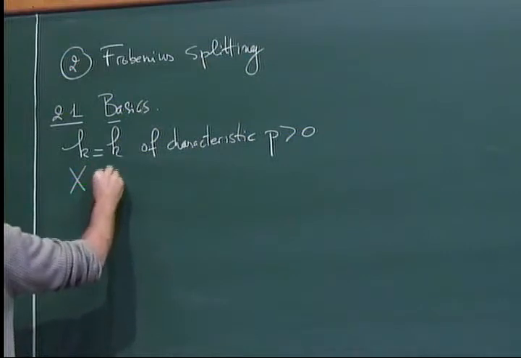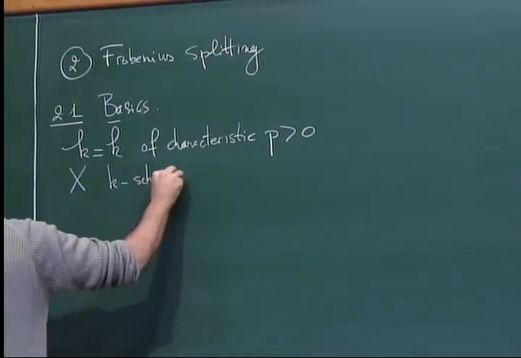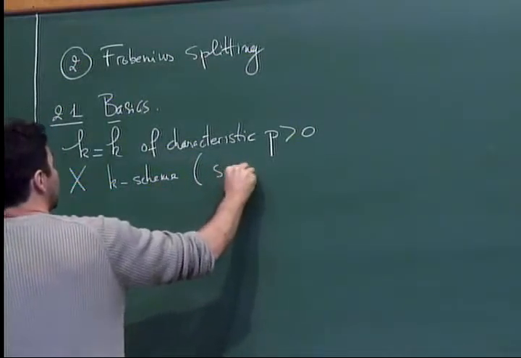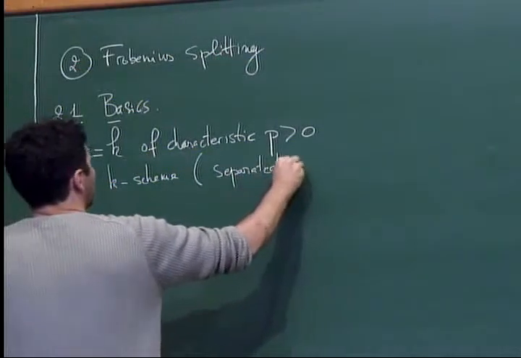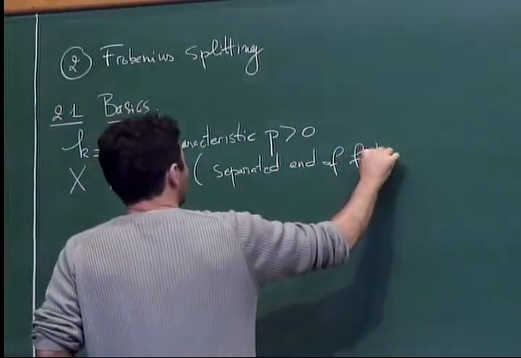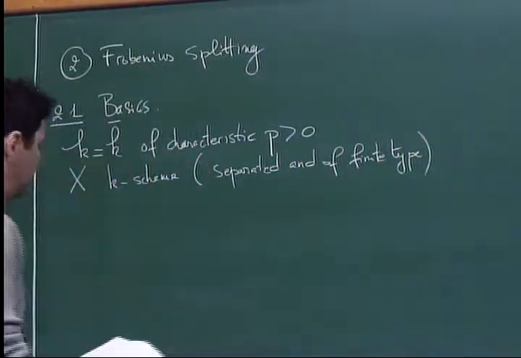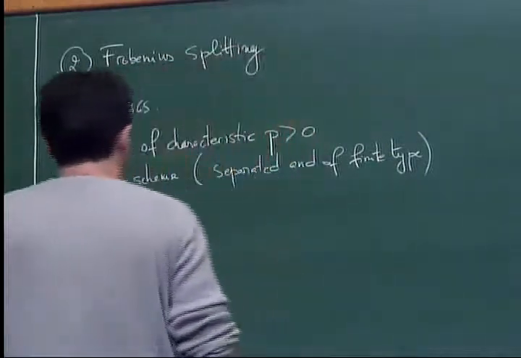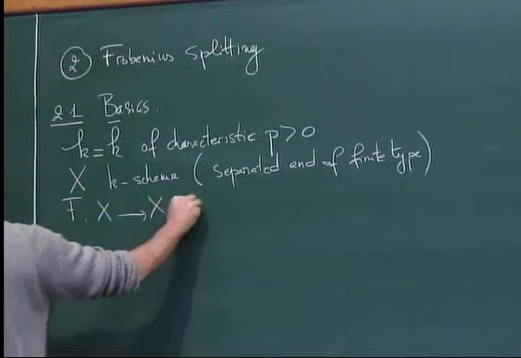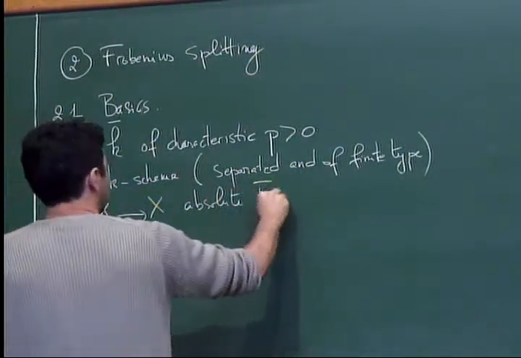X will be a K-scheme. So we assume implicitly separated and of finite type. And F is the absolute Frobenius.